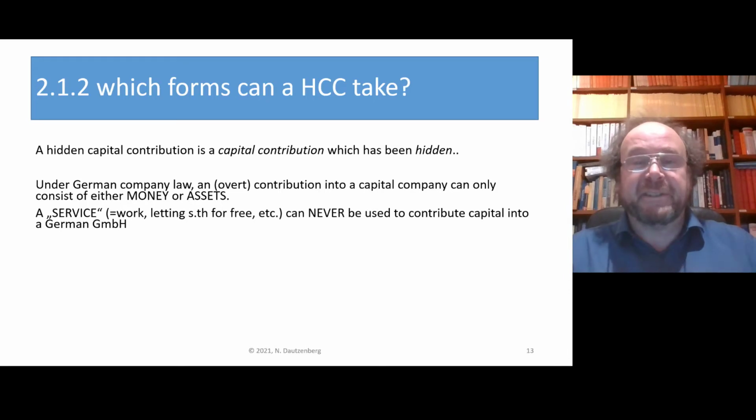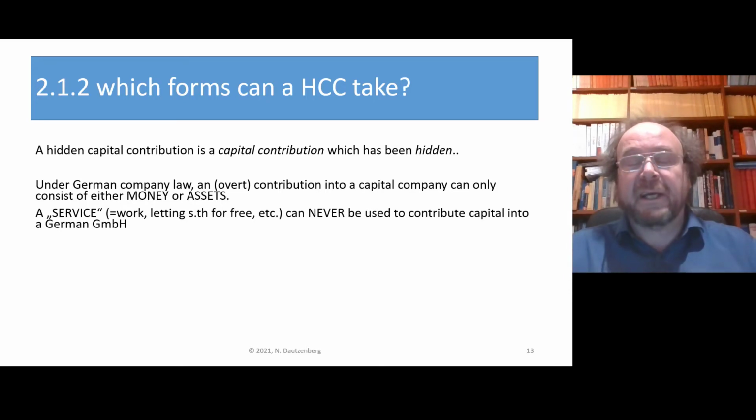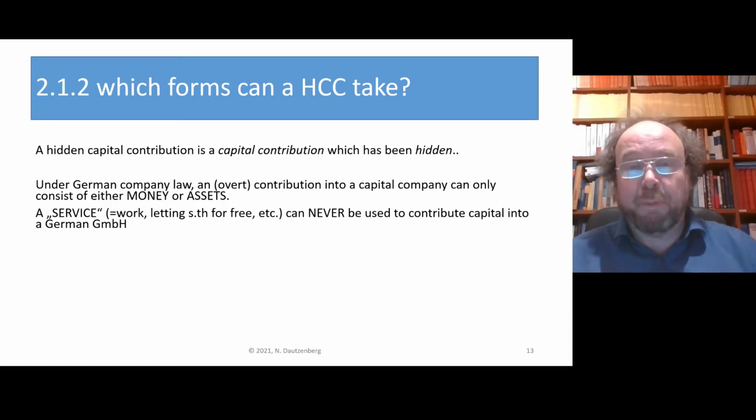The claim ceases to exist, the liability ceases to exist, and the equity of the company goes up. But it always has to be a capital contribution, and so you can't contribute services. It's not possible in the open case where you openly contribute, so it's also not possible in the undercover case.